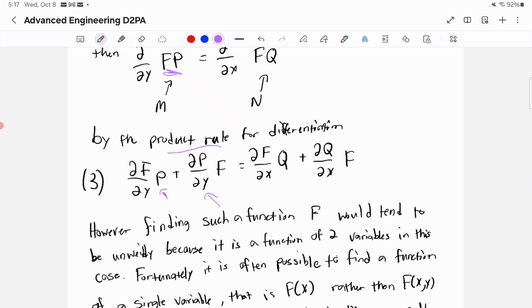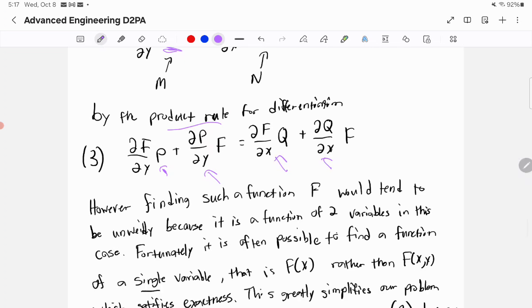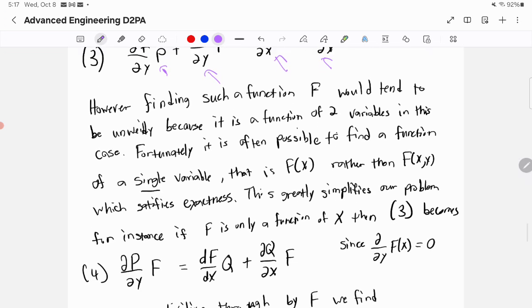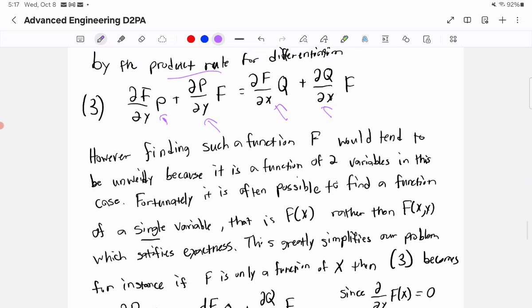So this is the product rule. And similarly, we have to apply the product rule to this side. And so this basically is our rule, right? We end up saying, okay, let's find an f that does exactly this. Well, I hope you can see that there's no apparent straight way forward here. Like, how do we find f?